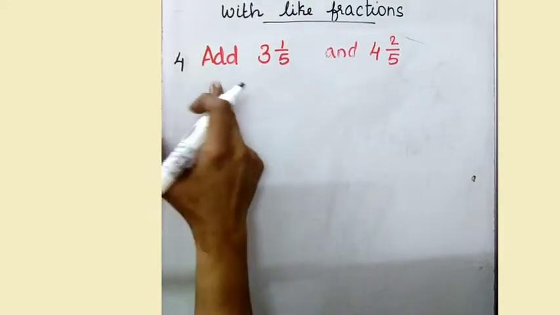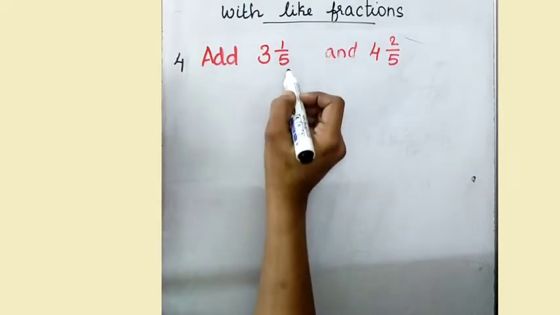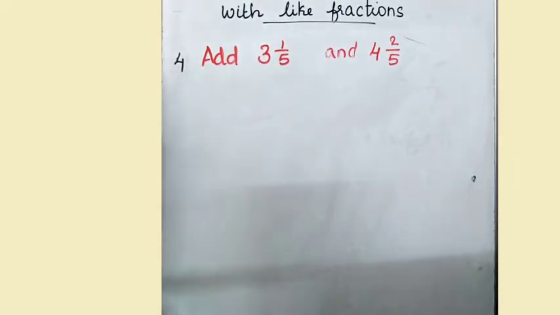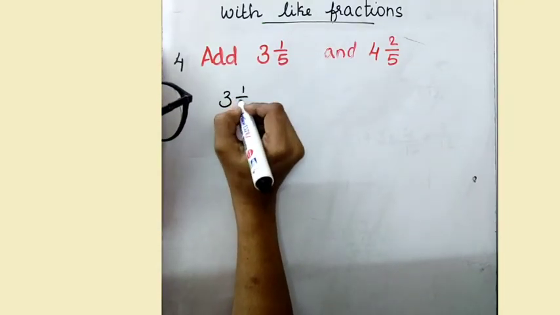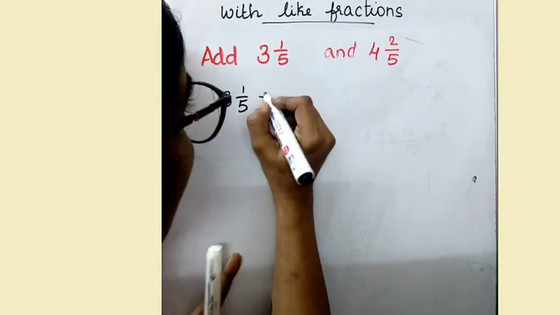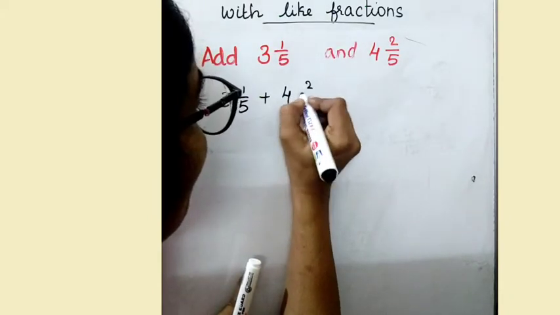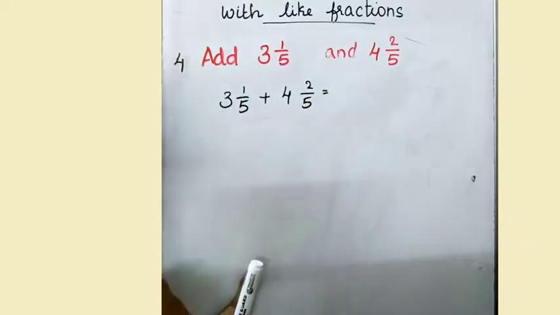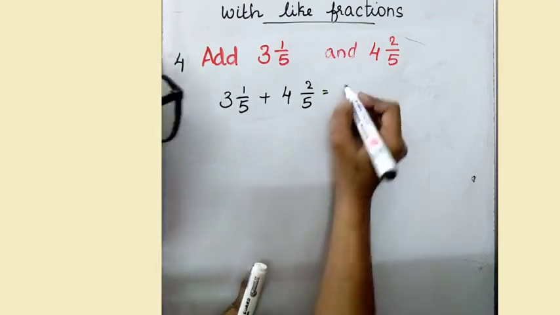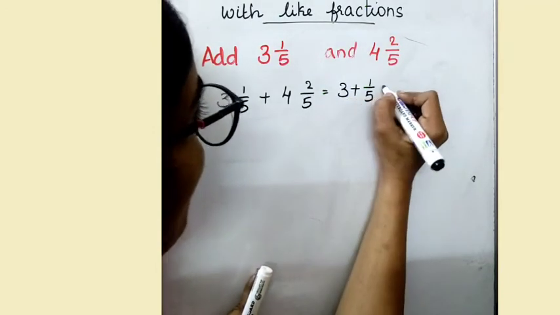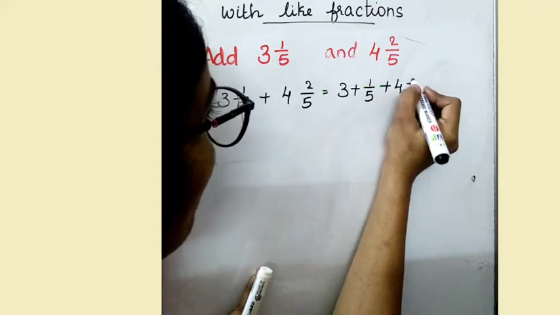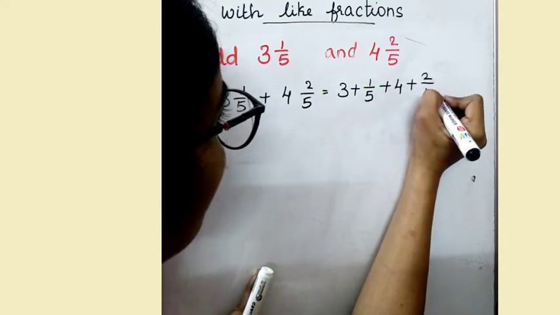Look at the fourth question. Add 3 and 1 by 5 and 4 and 2 by 5. First of all, write down the question. 3 and 1 by 5 plus 4 and 2 by 5 is equal to, how will you write it down? 3 plus 1 by 5 plus 4 plus 2 by 5.